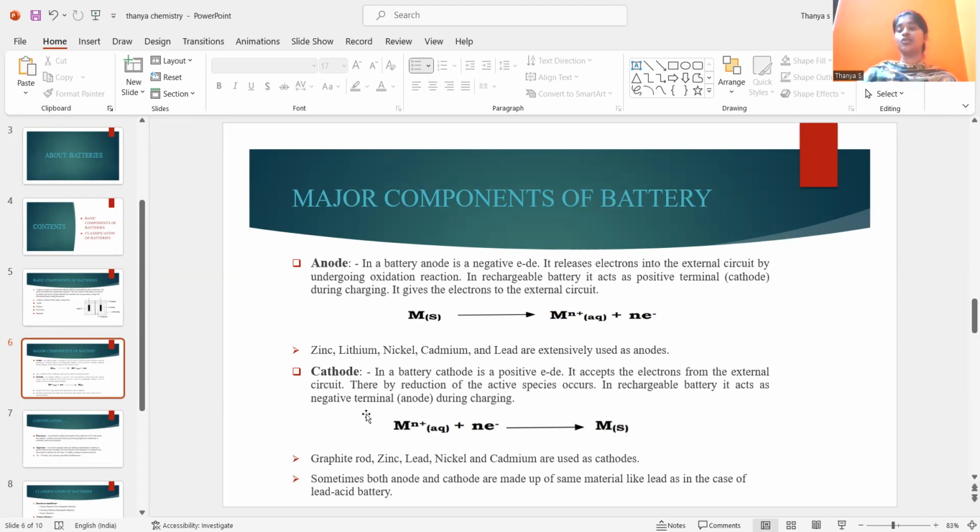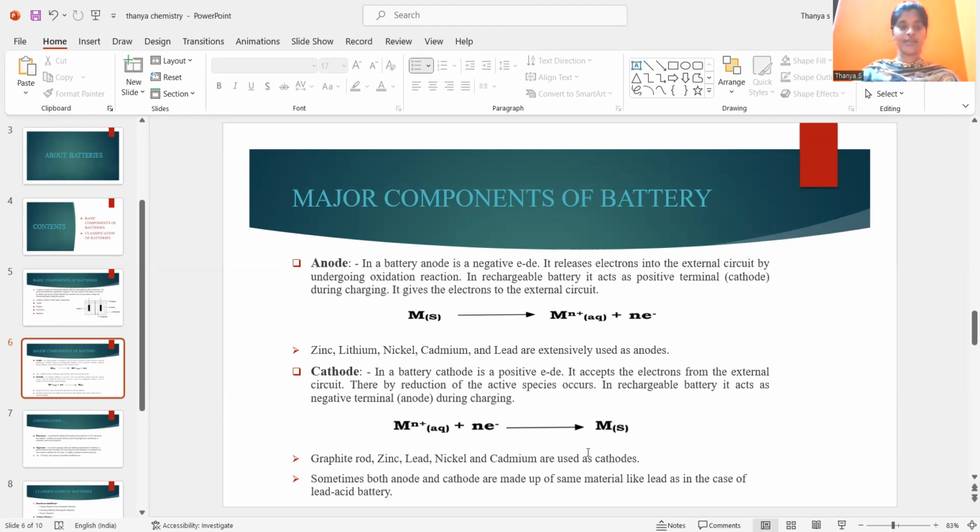The reaction is Mn+ plus ne- gives rise to M. So this is the opposite of anode. Graphite rod, zinc, lead, nickel and cadmium are used as cathodes. Sometimes both anode and cathode are made up of the same material like lead, as in the case of lead acid battery.